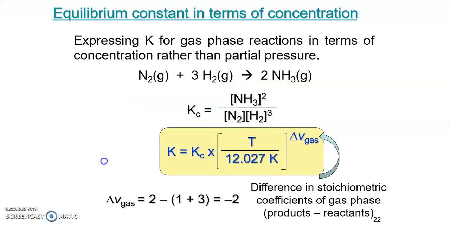Okay, how about if we have this reaction? How about if we have to calculate the equilibrium constant in terms of concentration? So what we need to do is represent K for a gas phase reaction in terms of concentration rather than partial pressure.